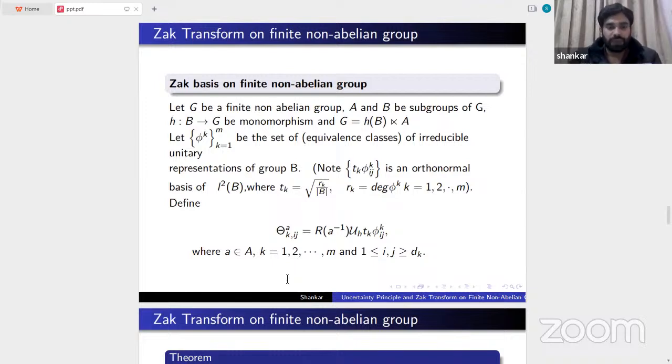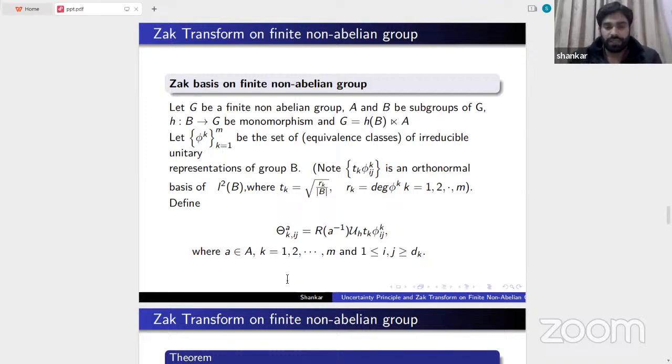Let phi k be the set of irreducible unitary representations of subgroup B. So this collection, T_k phi_ij^k, is an orthonormal basis for L2(B), where T_k is the square root of d_k over the order of subgroup B, where d_k is the degree of the irreducible representation phi k.